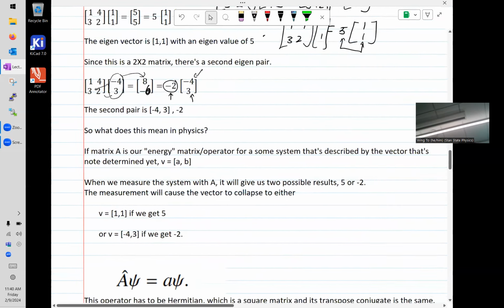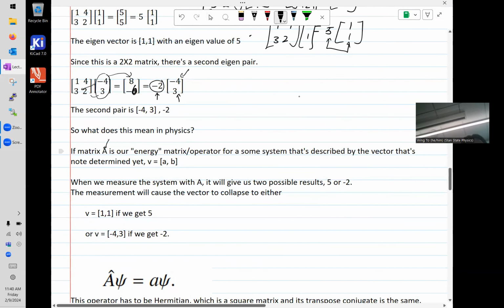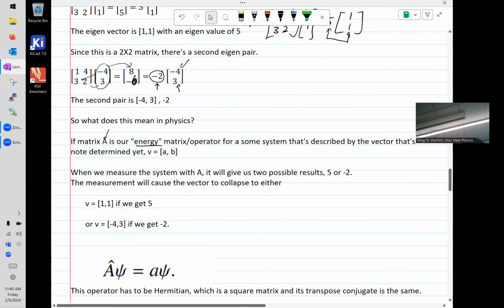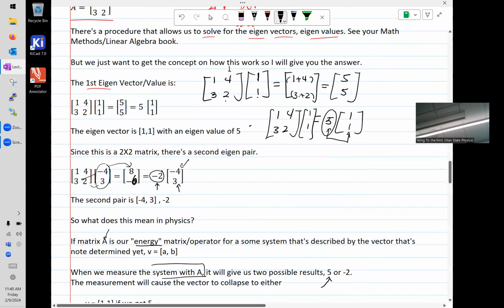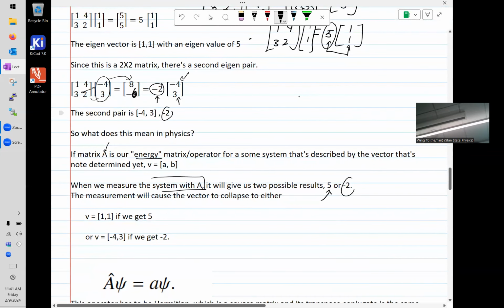So for example, if this matrix A is our energy matrix, also known as the energy operator for some system, what's going to happen is that when we act on our wave function, if we measure the system with our operator A, which is measuring energy now, it's either going to give us 5 as the answer, which is the first eigenvalue, or negative 2 as the answer.